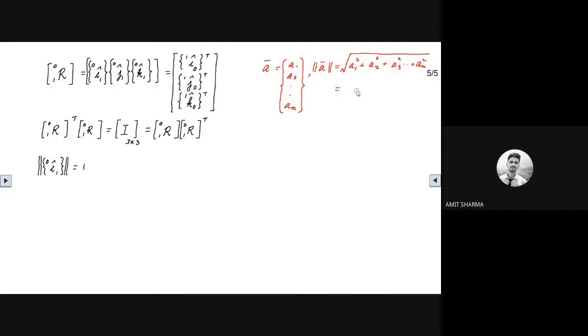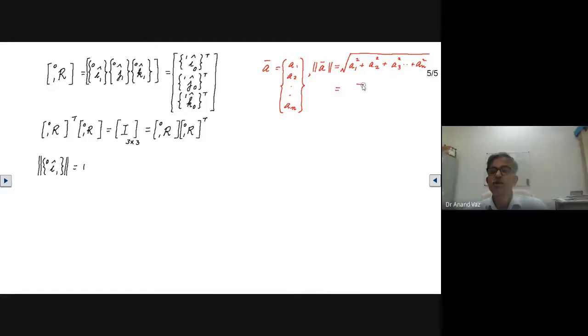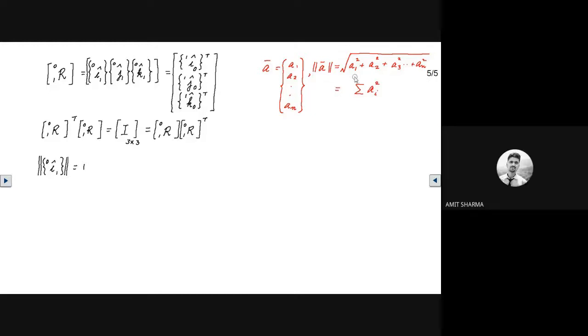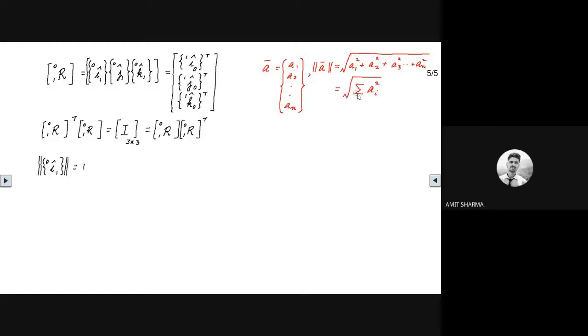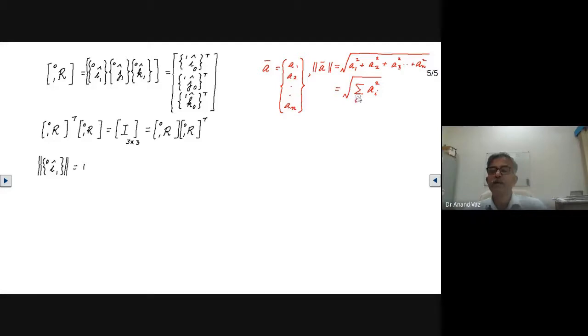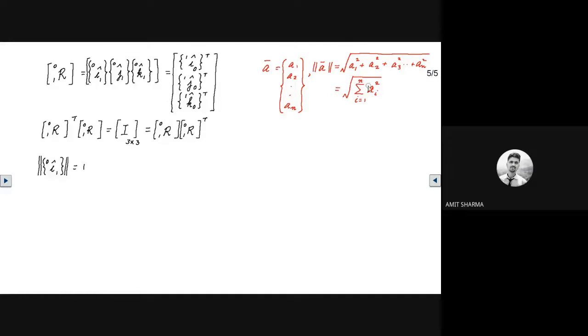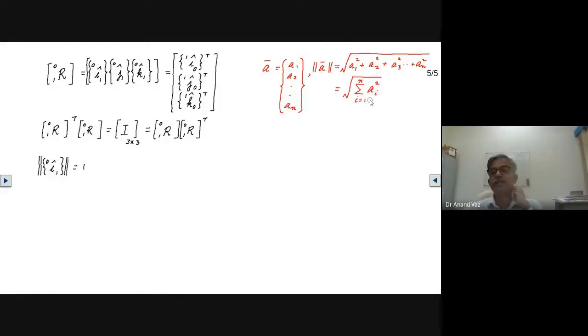It is summation of ai square and square root of that, i equal to 1 to n. So you are determining this.